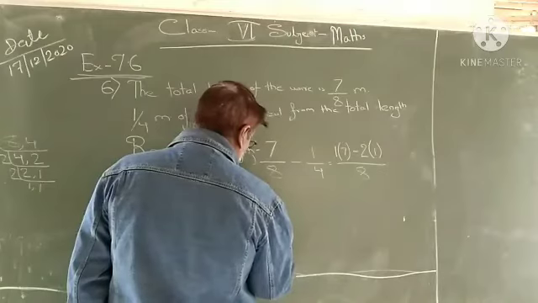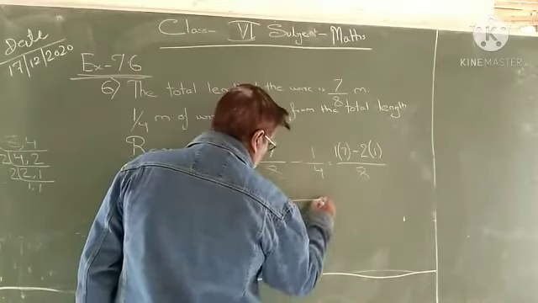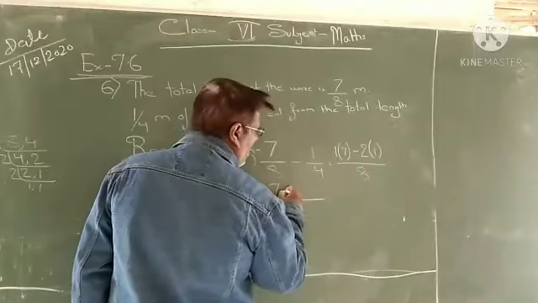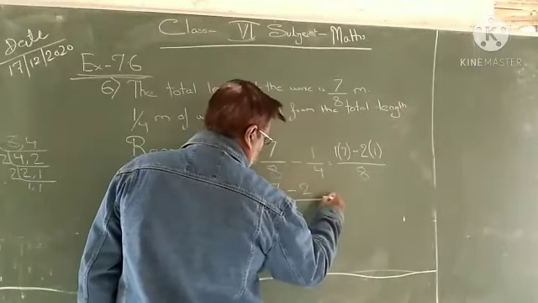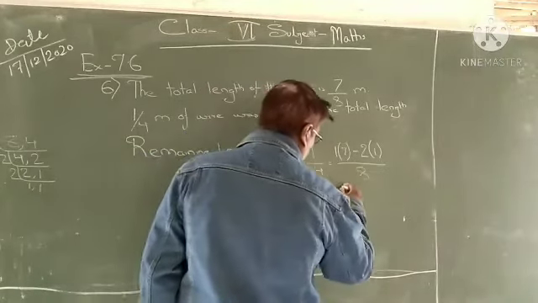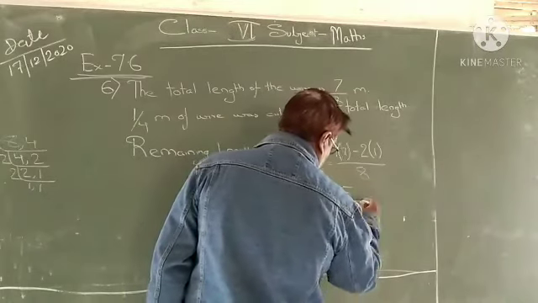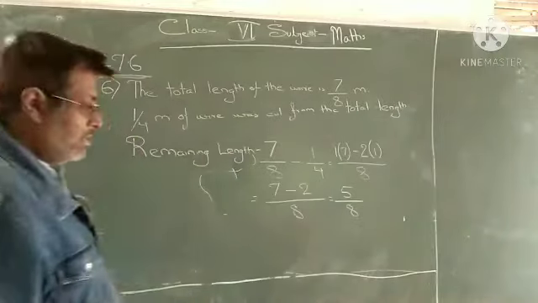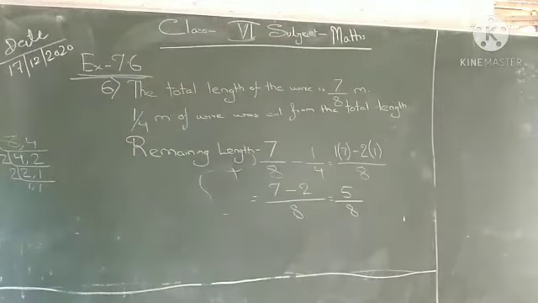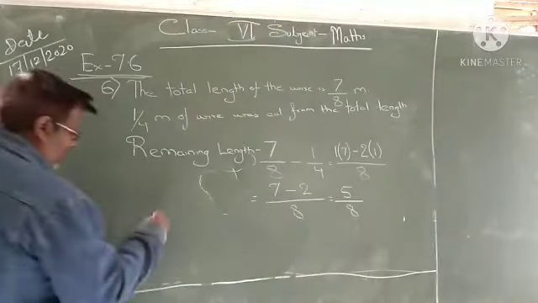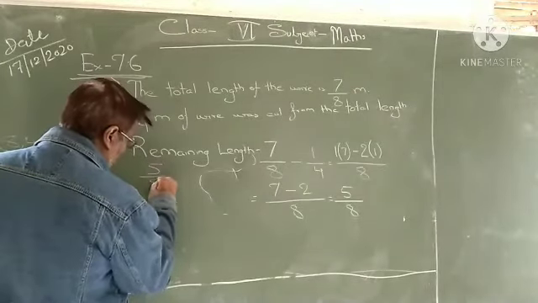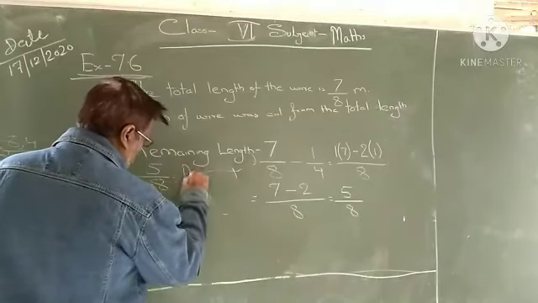If you solve this, it is 7 minus 2, which is 5, by 8. So, the length of the wire remaining is 5 by 8. And this will be your answer.